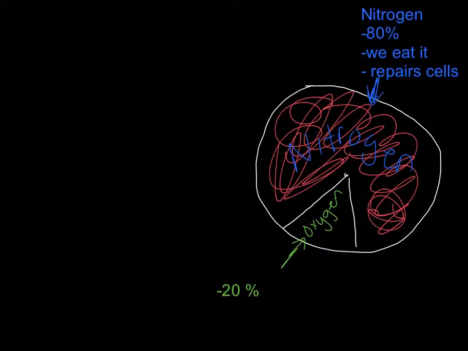It helps release energy. So we have to have oxygen to help our cells release energy. It's in our blood and our lungs.